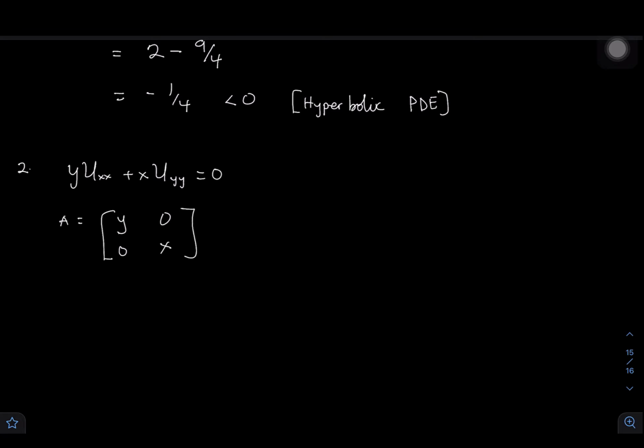And what do you have here? You're going to have your delta being equal to a11, which is y, times a22, which is x, so I can call it just xy, because you have a11 multiplying a22, so it's going to be xy minus 0, which is just xy. Now this is going to depend on the values of x and y.